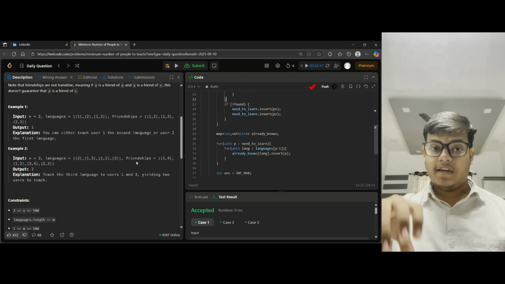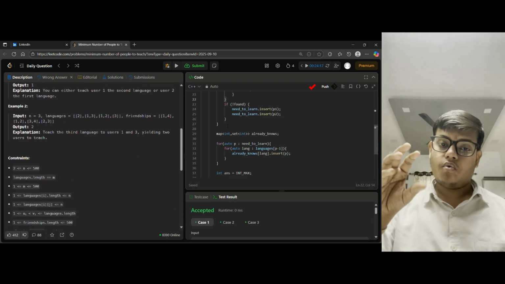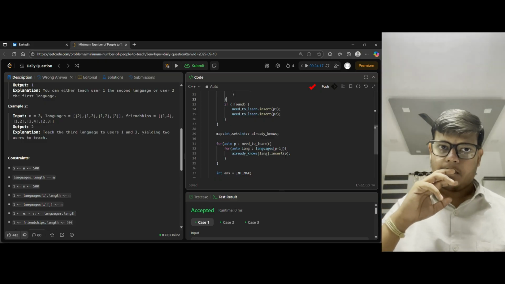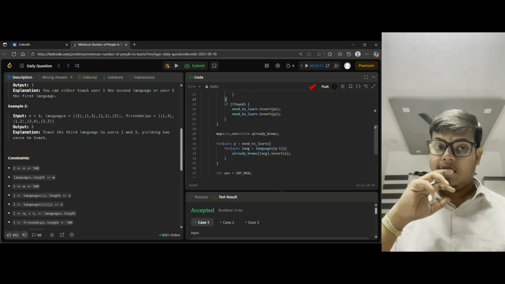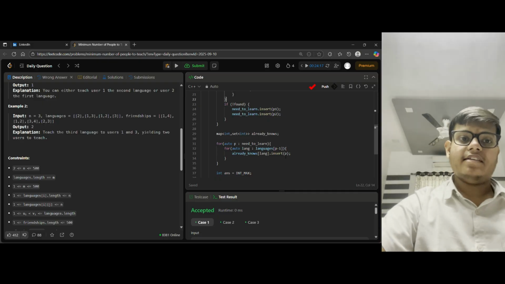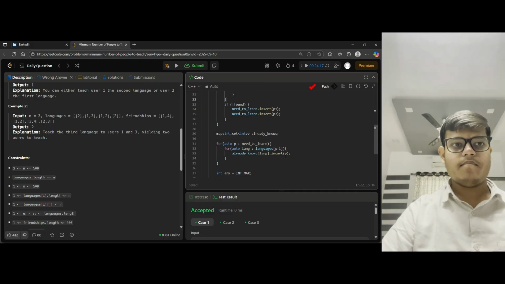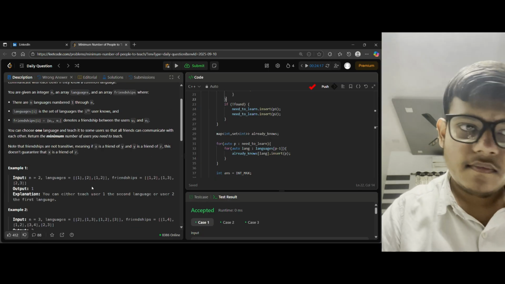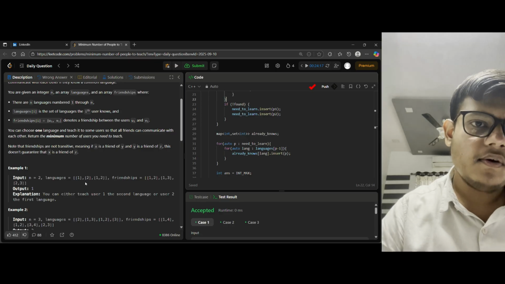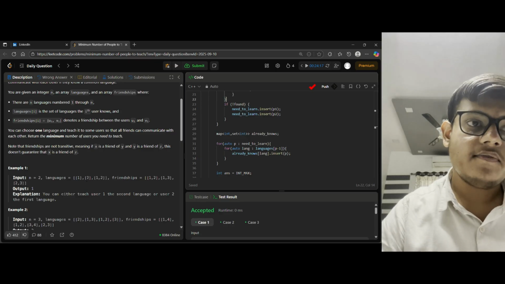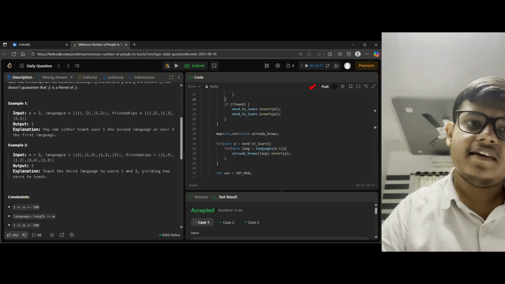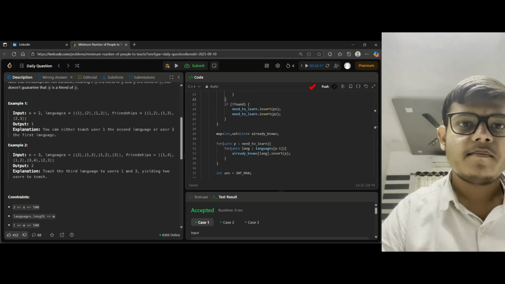So what we are going to do is store the already known languages. Why? Let's take an example here. In this example we can see 2 and 3 are friends. We cannot take 2 and 3 since they share a mutual language.